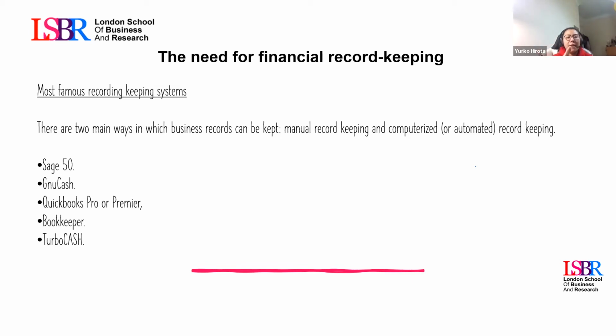So I think choosing a record keeping system is more about the necessities of the company than about which is the most famous, or which system offers more benefits, more things, or more interfaces.